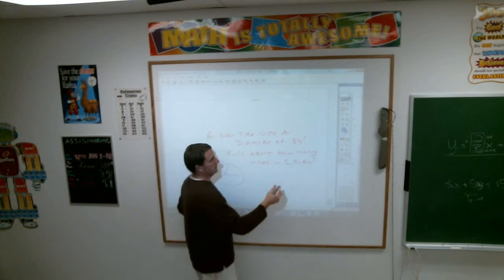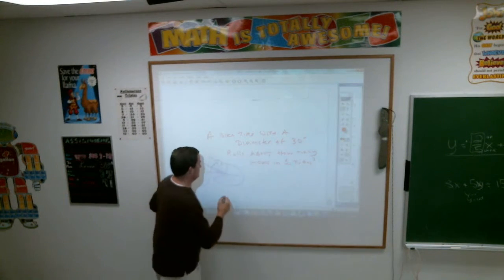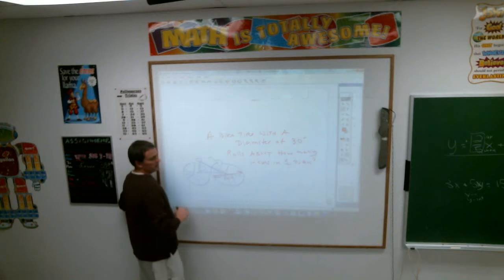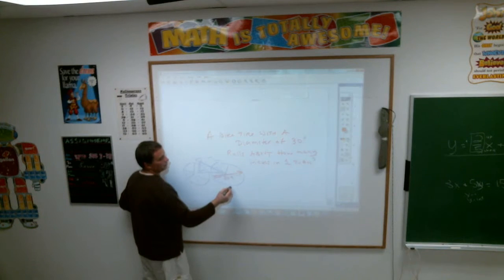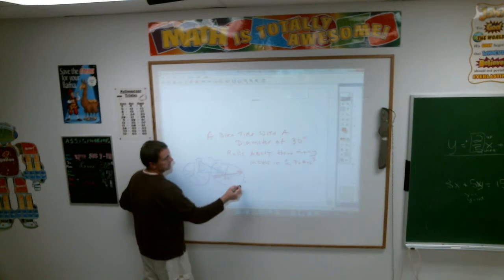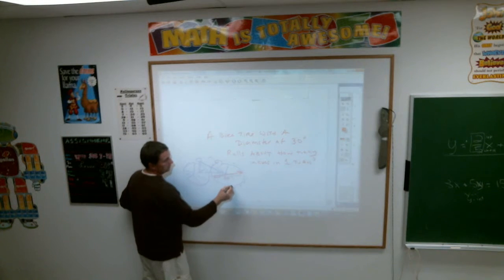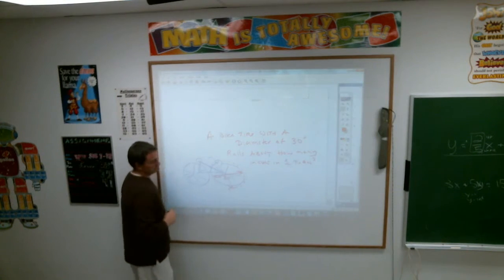Anyways, what they're asking you is this. This bike tire has a diameter of 30 inches. If you roll it on the ground one time, I guess we'll go this way, how far will it go in one turn?